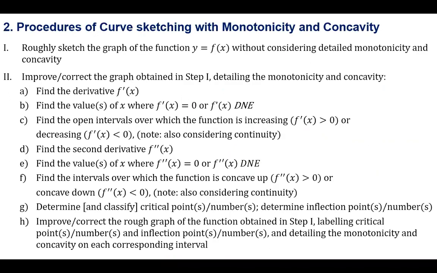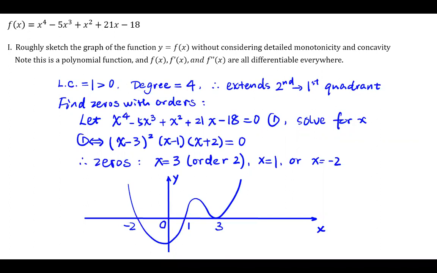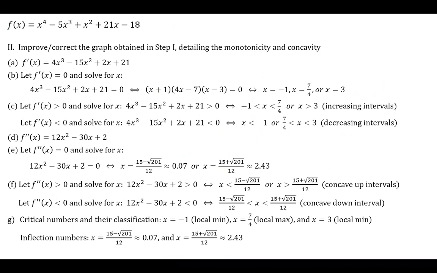in which we improve and correct the graph obtained in step 1 by detailing the monotonicity and concavity. Therefore, we need to do the first and second derivative tests. In step A of the second step, we need to find its first derivative, right? The first derivative of f(x) equals 4x cubed minus 15x squared plus 2x plus 21.